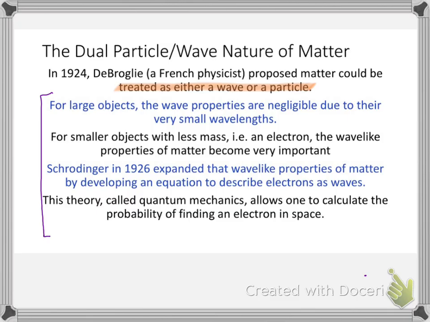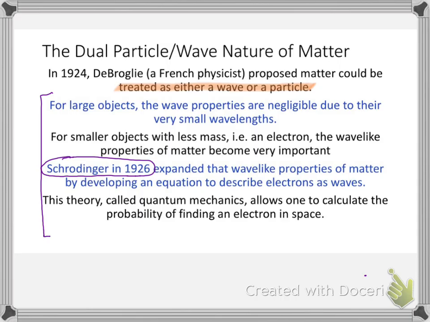With this idea, Schrodinger, you can see here, in 1926, so these thoughts are happening around the same time, wrote mathematical equations that explained the electron behavior using what we call wave functions. He used equations to describe the electrons as waves.